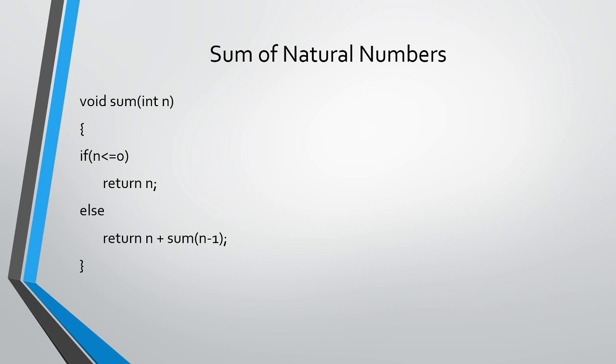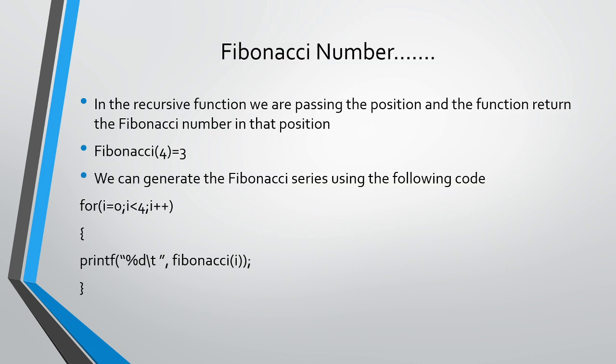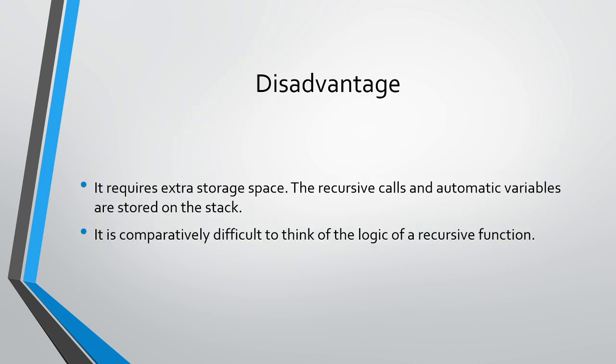First I inserted A, next I inserted B, next C, next D. If I want to remove A, I should first remove D, C, B, then only I can remove A. So it will be removed in last in first out order. That is a stack. So we have to use the stack in a recursive function.